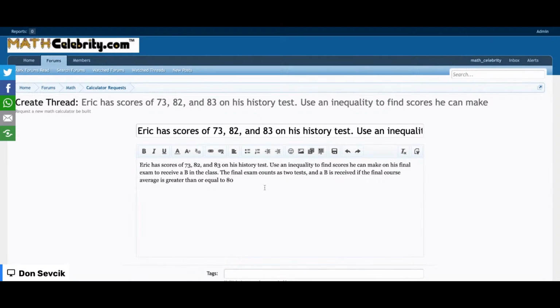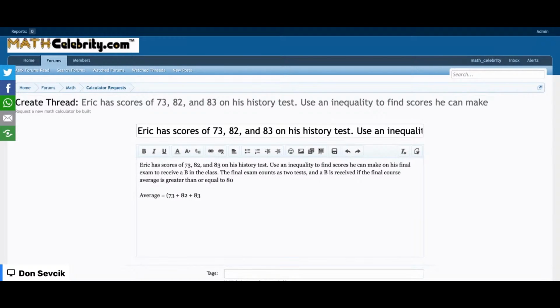Okay. So there's a couple things going on here. We've got, let's see, average equals 73 plus 82 plus 83 plus final exam. See, this is tough because the final exam counts as 2 tests. Oh, I see.